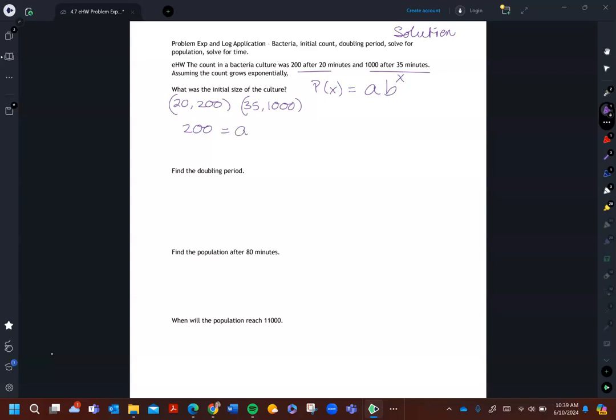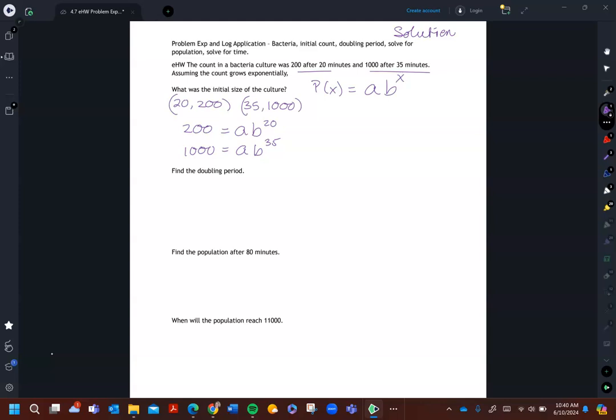So we have 200 equals a b to the 20, and for the other one 1,000 equals a b to the 35th.